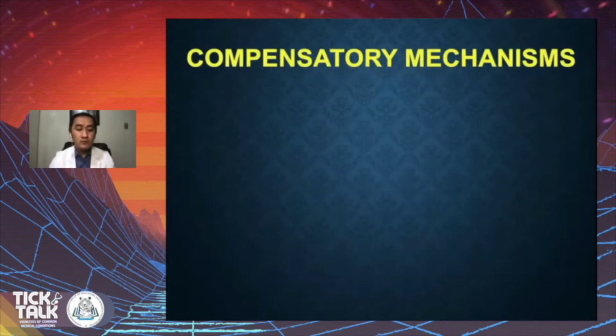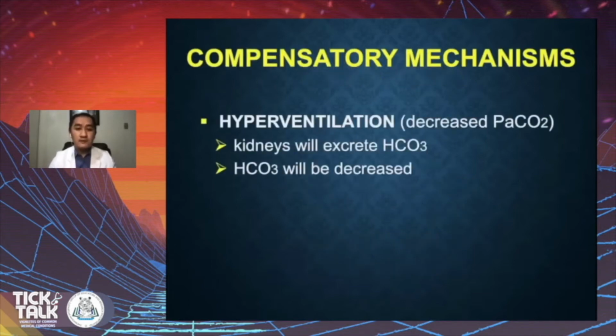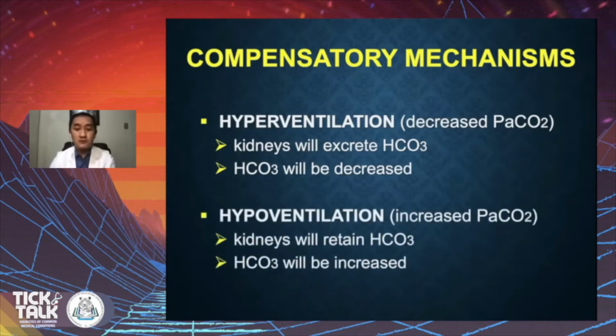So when we are talking about hyperventilation, or a decreased level of arterial CO2, the compensatory mechanism is that the kidneys will excrete bicarbonate, and the bicarbonate will be decreased. And for hypoventilation, or increased arterial CO2, the kidneys will retain bicarbonate, or bicarbonate will be increased in the blood as a compensatory mechanism.